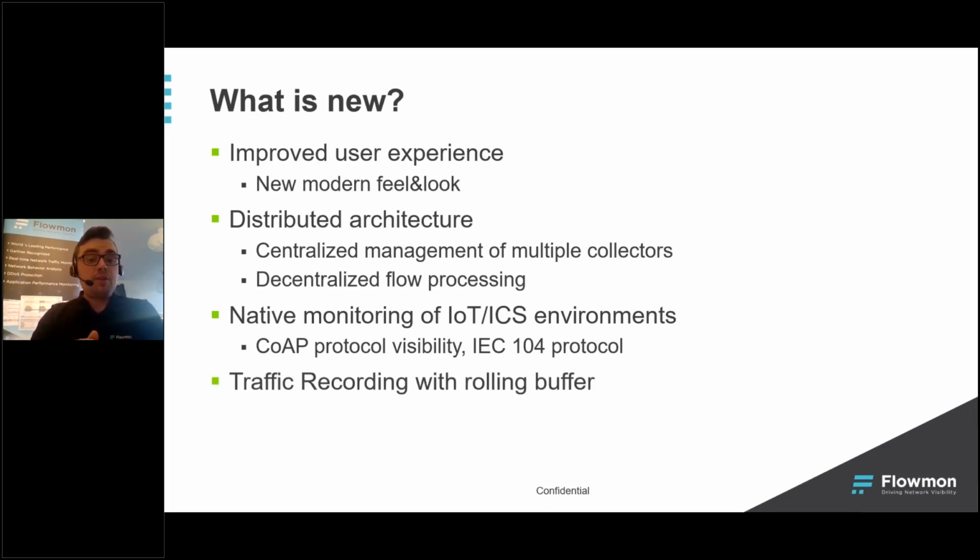Another nice feature, which is not in the Flowmon Monitoring Center and on the collector part, but applies to the Flowmon Traffic Recorder, the module for on-demand full packet capturing. There is a new feature which is the rolling buffer.